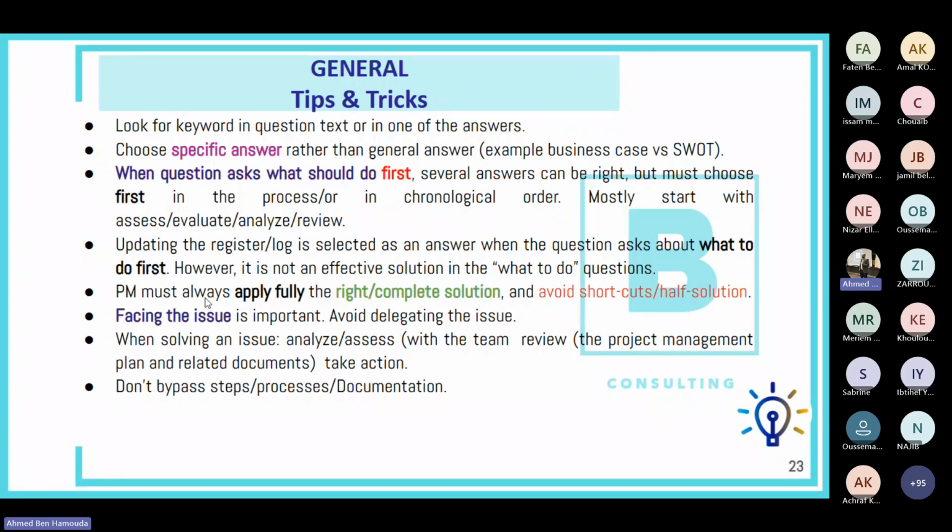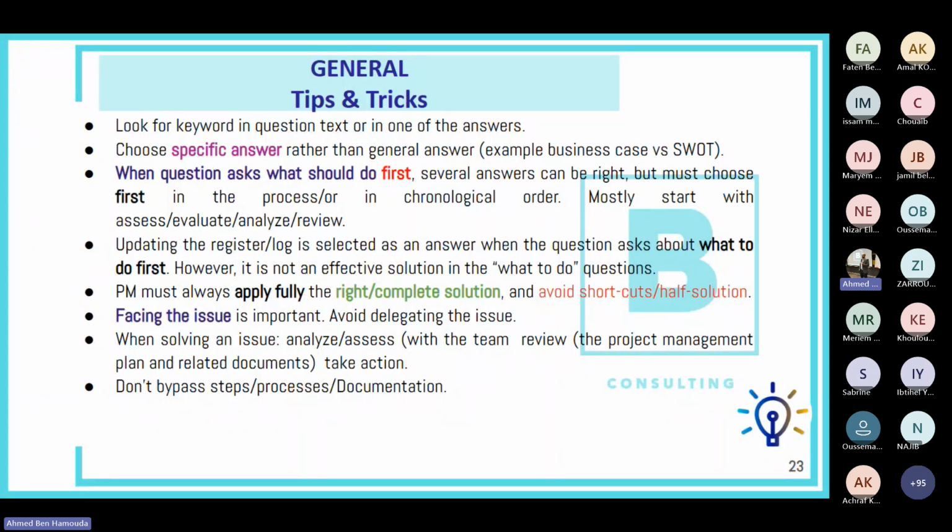You, as a project manager, we said this earlier, must always apply fully the right or the complete solution, because in the exam questions, for example, you have a question with 4 possible answers. You apply the elimination technique, you remove 2 answers, and you're left with 2. Then you might be wondering, these 2 answers are good to me. Which one to pick?